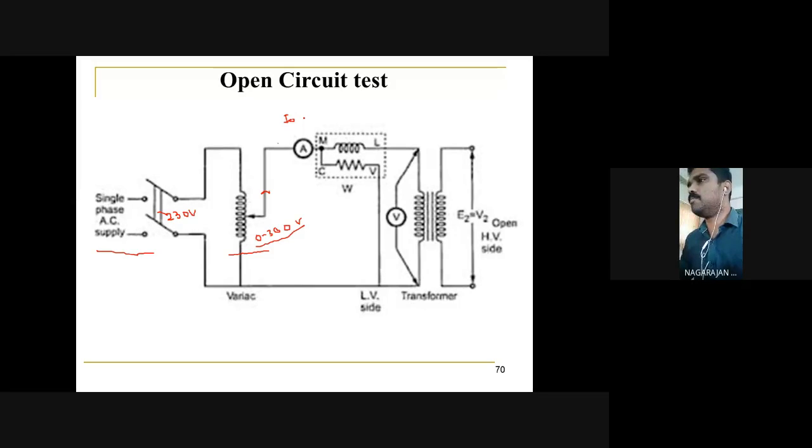The reading I observe from the wattmeter is called W naught, the no load power. This entire power is assumed to be the core loss of the transformer. And this is V naught, the no load voltage. The current passes in series, so this is also considered as I naught.